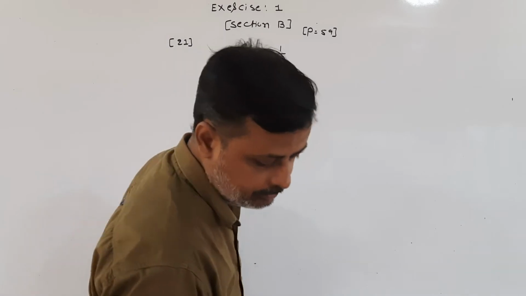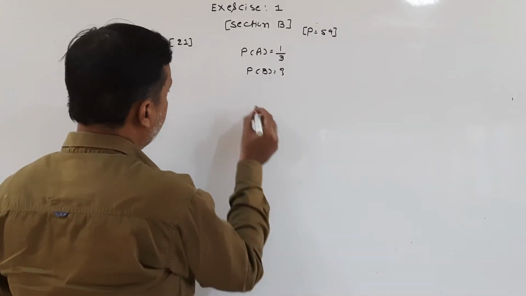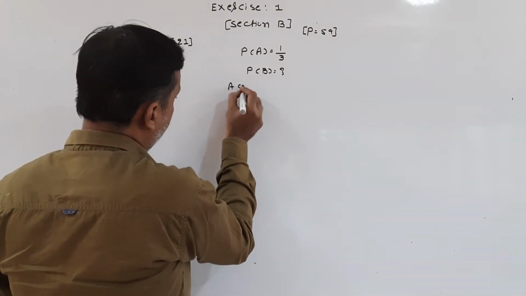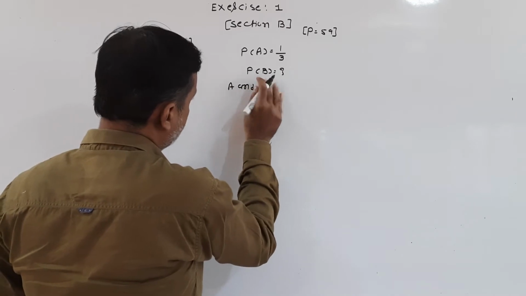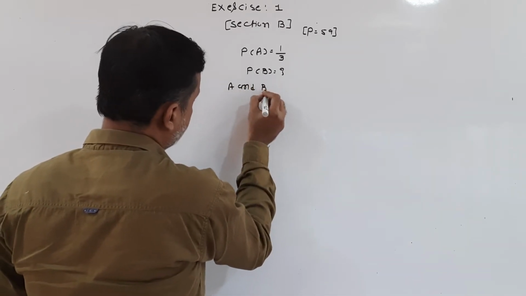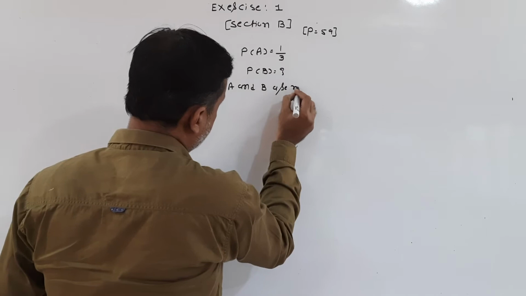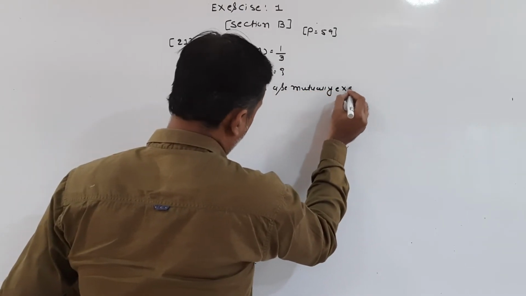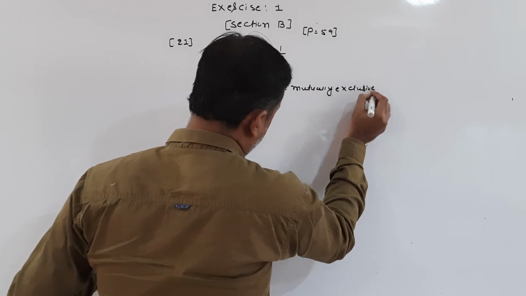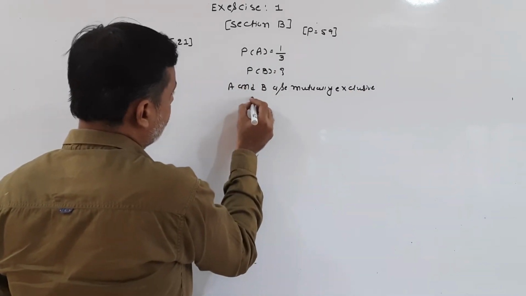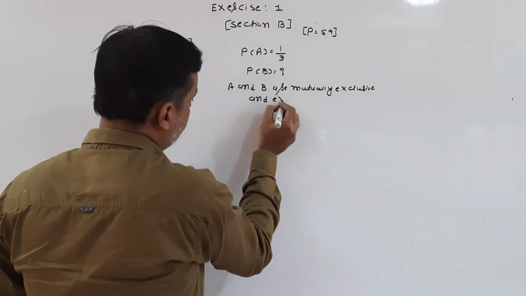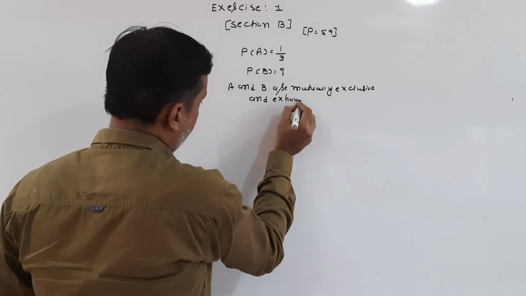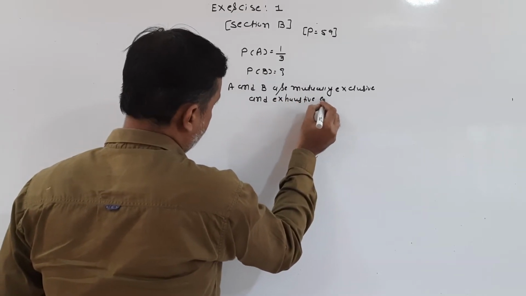So here A and B are mutually exclusive and exhaustive events.